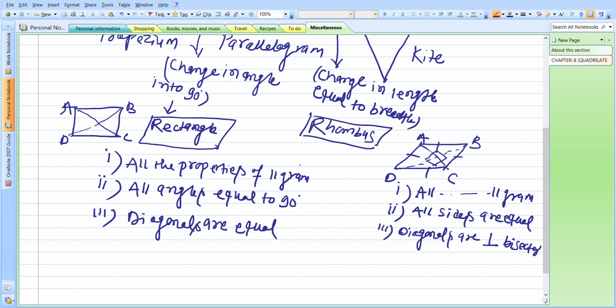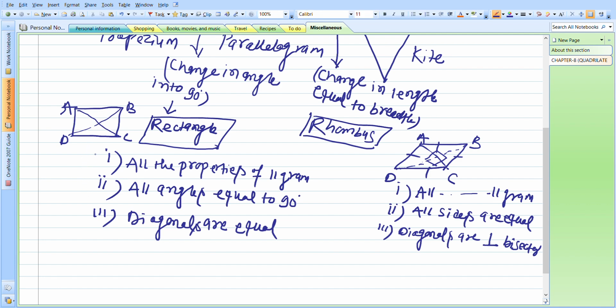The last one we can find from the rectangle, and also from the rhombus. When we change the length equal to the breadth, it becomes a square.